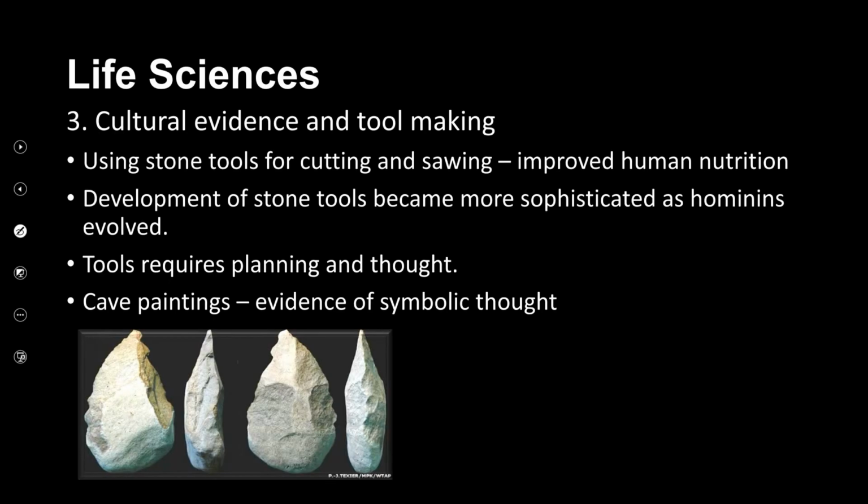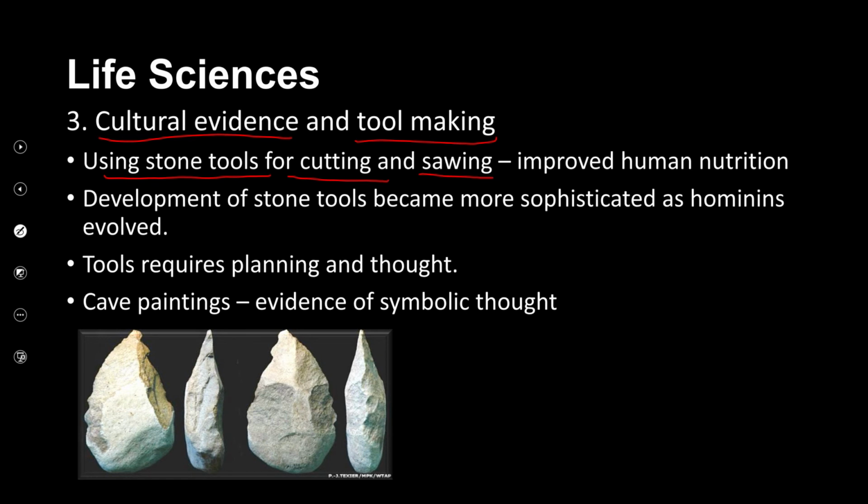Okay, so we look specifically at cultural evidence and tool making, because we see that organisms started to use tools. They used stone tools for cutting and sawing. As soon as they were able to cut things, it improved the nutrition.